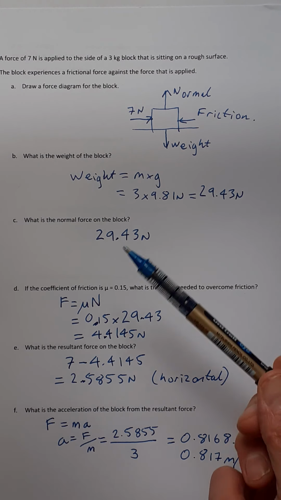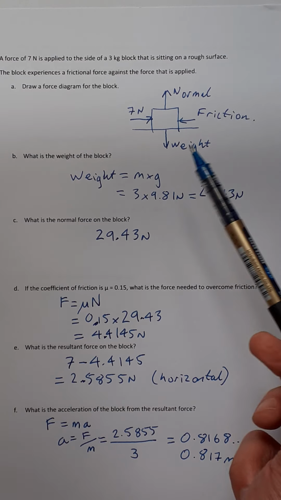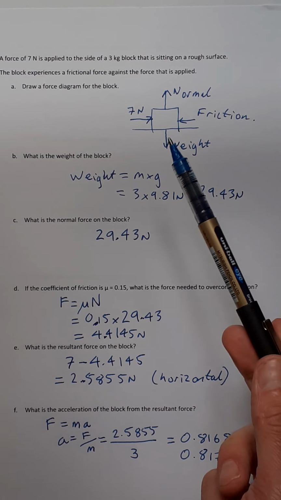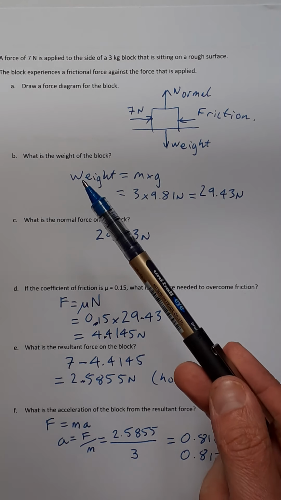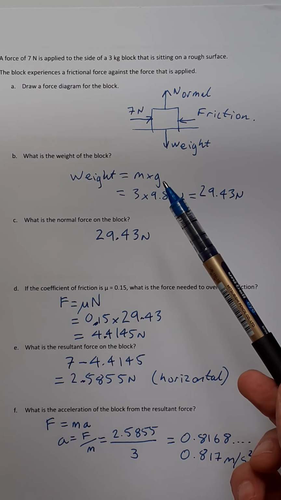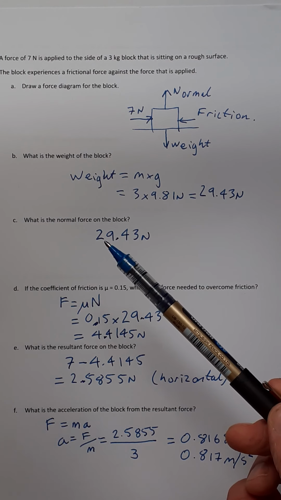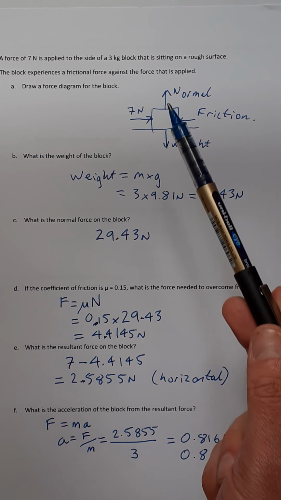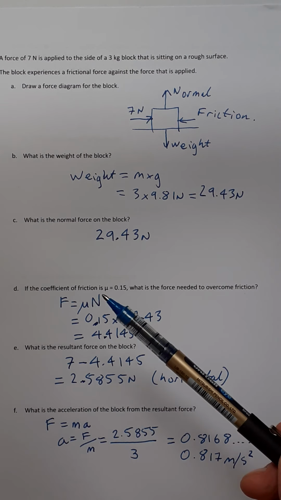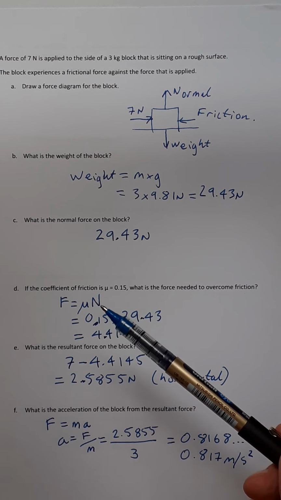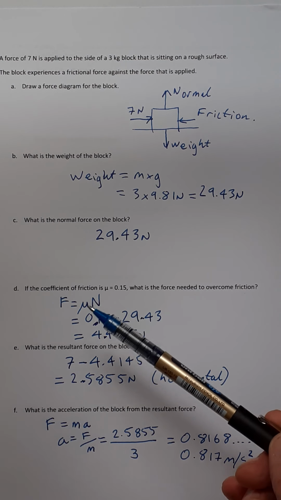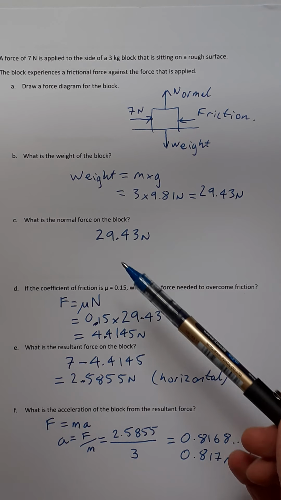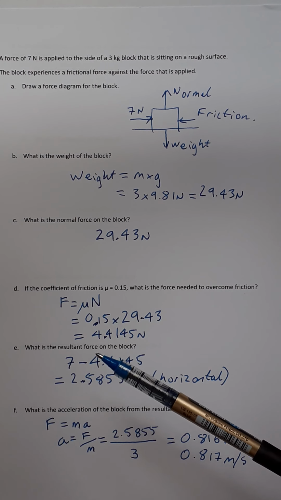So quite a lot of steps in here. We started off with a force diagram to keep everything in check. We're going to say that the weight of the block is m times g. The normal reaction on the block is exactly the same as the weight, because they're the only vertical forces that can balance each other out. The coefficient of friction is related to this normal force. So I've picked that number up from there and substituted it in there.